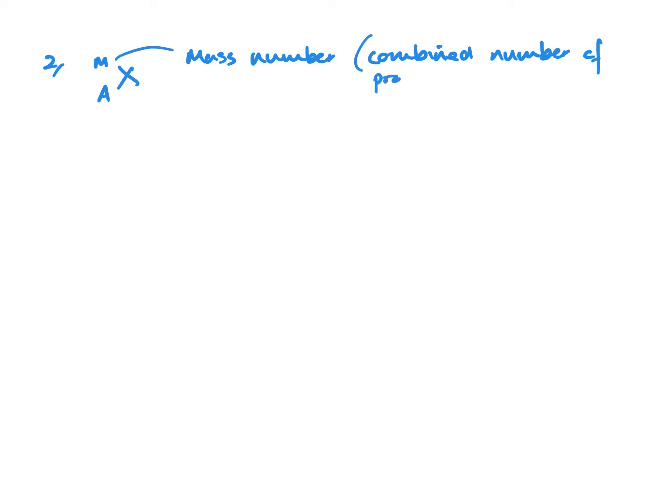And way back in second year we introduced the idea of atomic notation, where for each element X, you have A, an atomic number, and M, a mass number, which is the combined number of protons and neutrons, collectively known as nucleons.